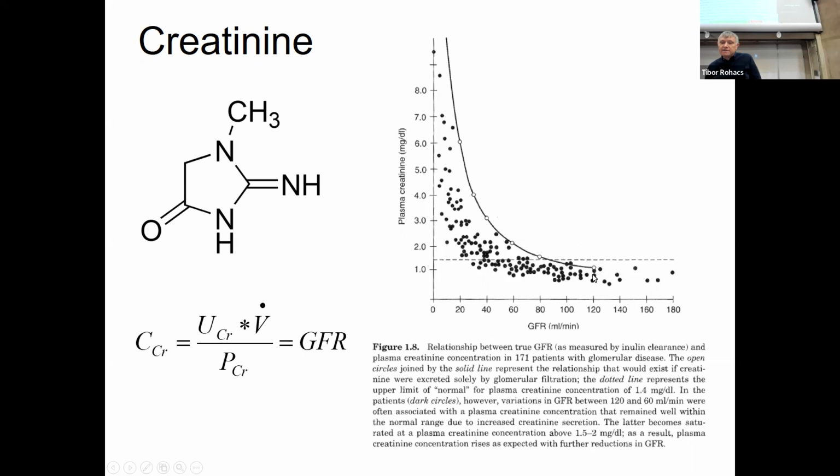If your GFR drops from 120 to 80, the change is so small that it's really hard to reliably tell that you have any issue. It really shoots up at or close to the kidney failure range, when your GFR drops below a certain level.